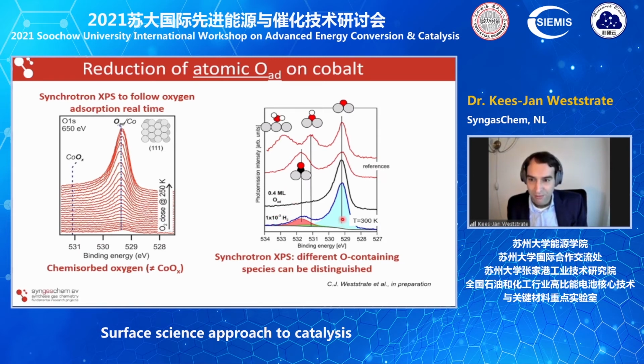Now we look and we see, okay, this is room temperature. We still have atomic oxygen on the surface. We don't have a lot of OH form. We do have a little bit of carbon monoxide, and this is there because it's a contamination of the hydrogen gas. So we didn't put carbon monoxide, but it can be there as a little contamination in the gas phase of hydrogen, and it comes to the surface also.